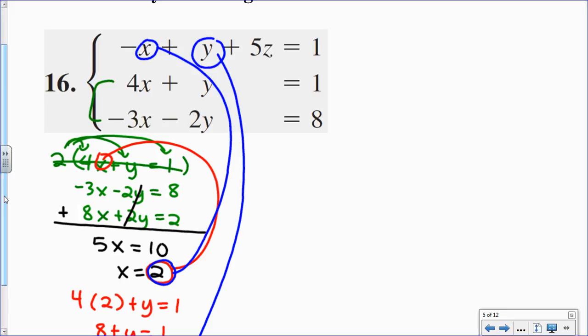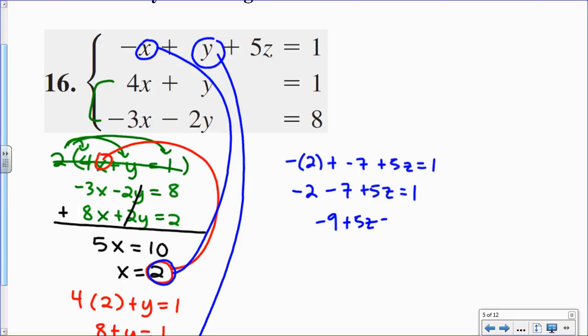Careful when you substitute in with a negative out front. So that's -2, which is just -2, plus -7 plus 5z equals 1. So plus and -7 is just -7. And combine your like terms. Add 9.